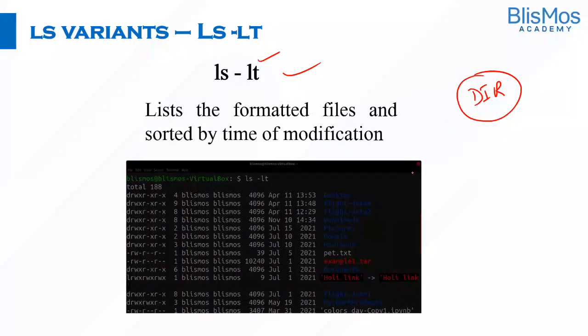What it does is it lists the files and directories sorted by time of modification. If you see here, April 11th is the modified date of this particular directory. So all the files are ordered based on the last modified date.